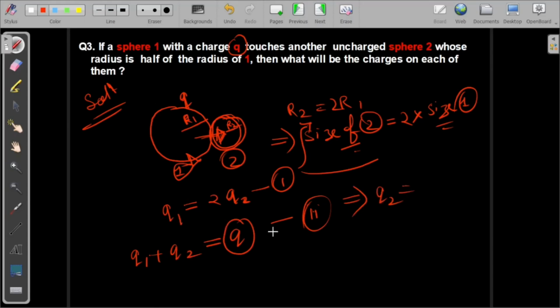Put the value of Q1 here, then you will get Q by 3. And what will be the value of Q1? 2Q by 3, right? In this way, you can find out the final values of the charges on the spheres. Okay, understood? Let's proceed to the next one.